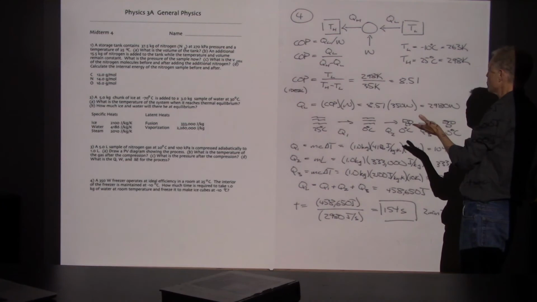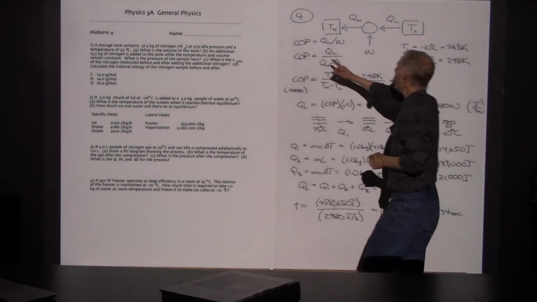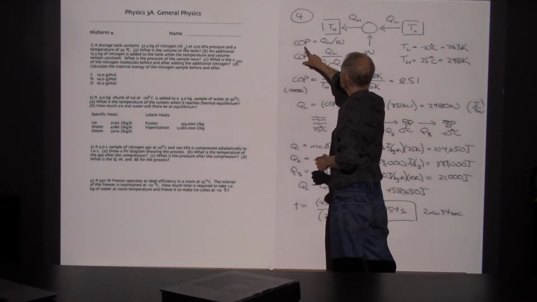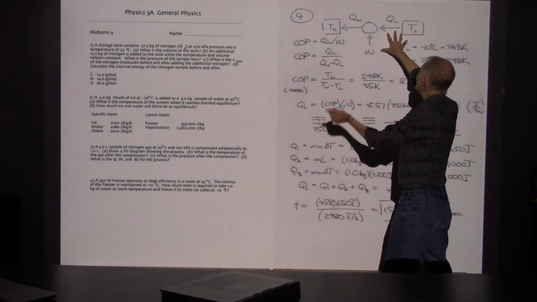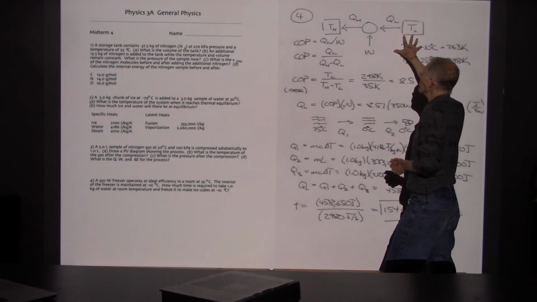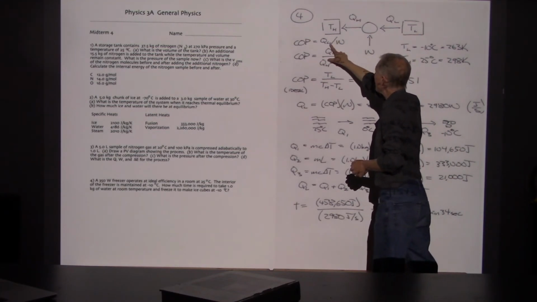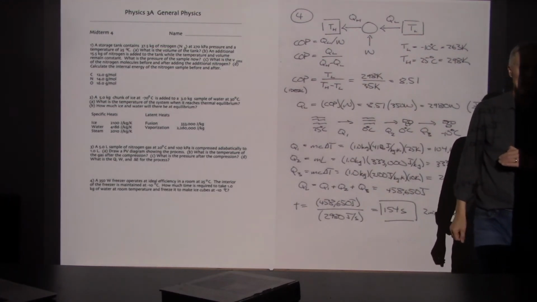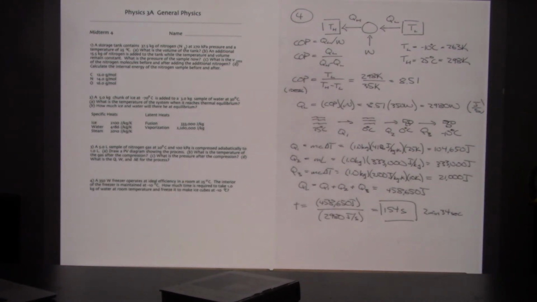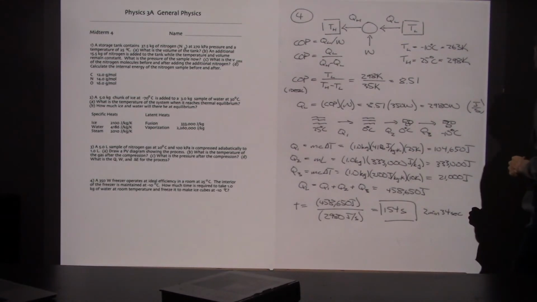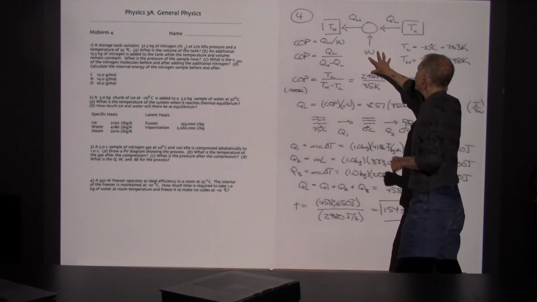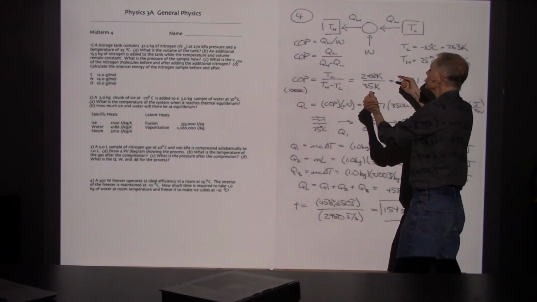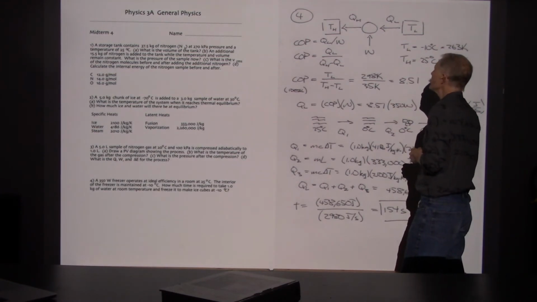Now this is a freezer. So the coefficient of performance is defined as how much heat we are bringing out from inside the freezer. We want to focus on Q sub L, how much heat is being taken out of that low temperature region, and then divide that by the amount of work we have to invest in order to make that happen.